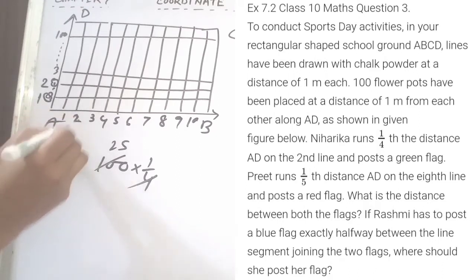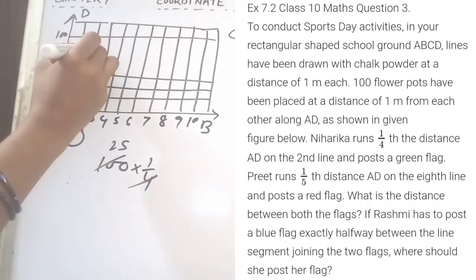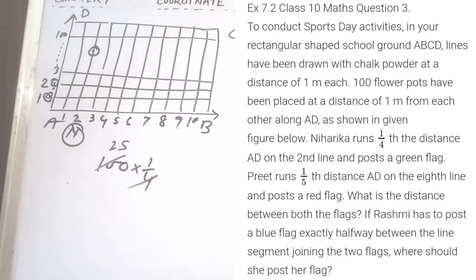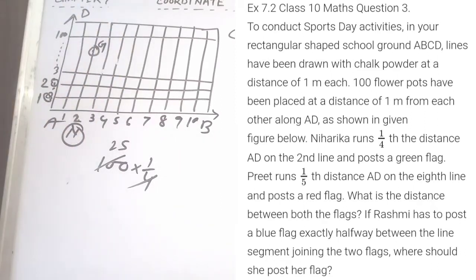So here Niharika on the second line covers the distance 25. Suppose here the distance 25 and post a green flag.